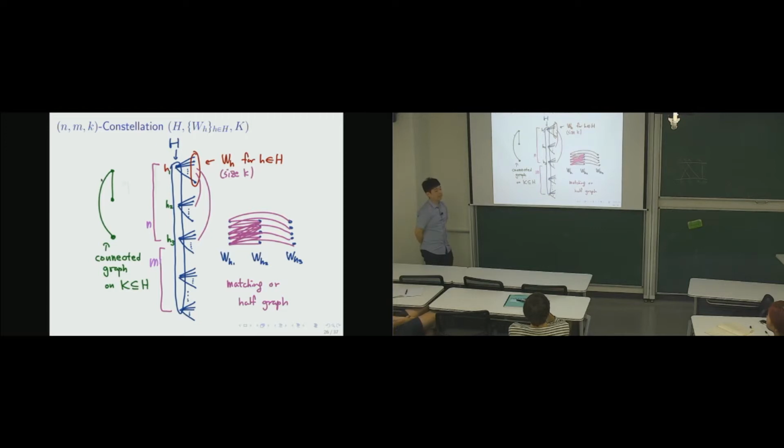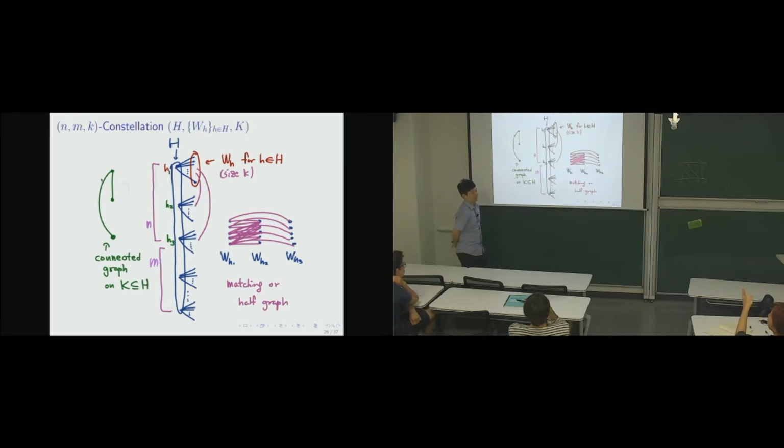At the beginning, my result is with Sang-il: if you exclude a huge set of large stars as a vertex-minor, you have bounded rank-width. This is proved in the other paper. So we can assume that at the beginning you have large stars, and we will build a grid later.